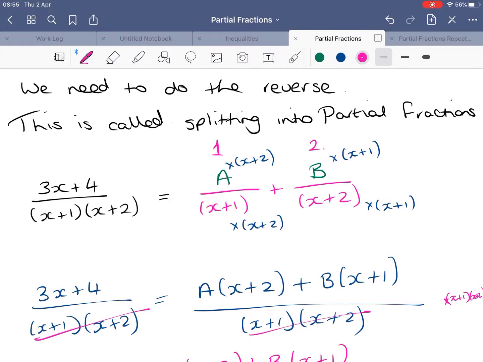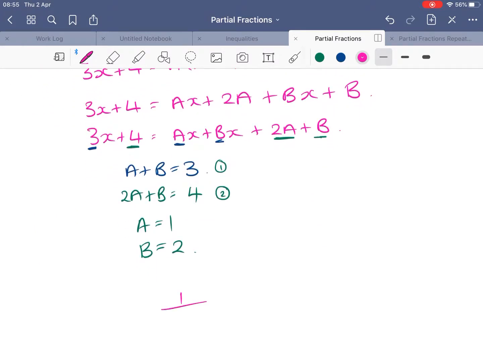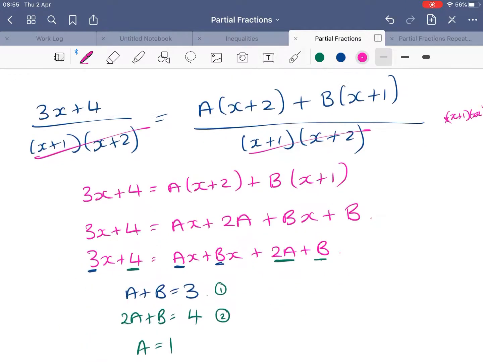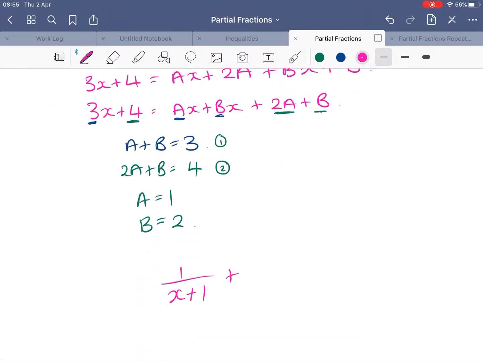So I'd have 1 over x plus 1 plus 2 over x plus 2. And that's what my partial fractions would be. So my 3x plus 4 over x plus 1 times x plus 2 would be equivalent to 1 over x plus 1 plus 2 over x plus 2.